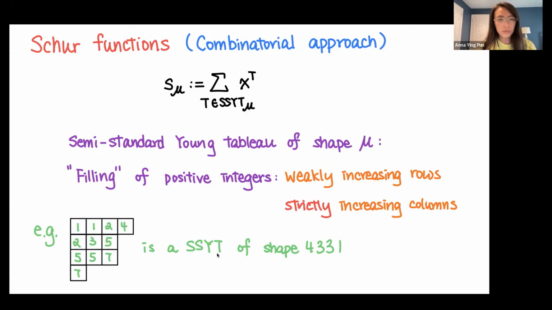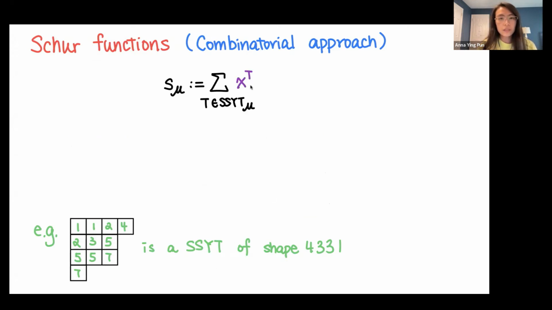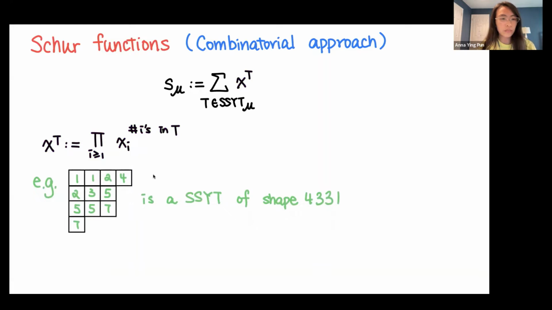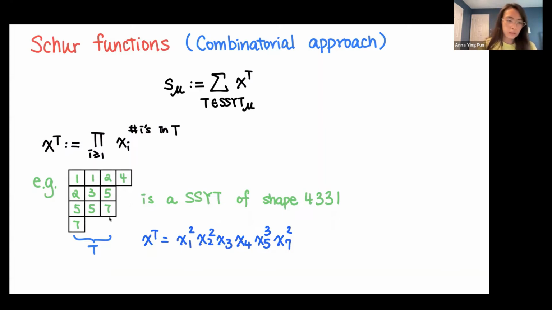So that's the SSYT. Now x^T is just saying x_i to the power of the number of i's in T, and multiply them together. So let's say we have this tableau and we want to calculate x^T. Then what it means is I have x1 squared because I have 2 1s, x2 squared because I have 2 2s, x3 to the power of 1 because I have only one of them, x4, x5 cubed, no x6, and then x7 squared.